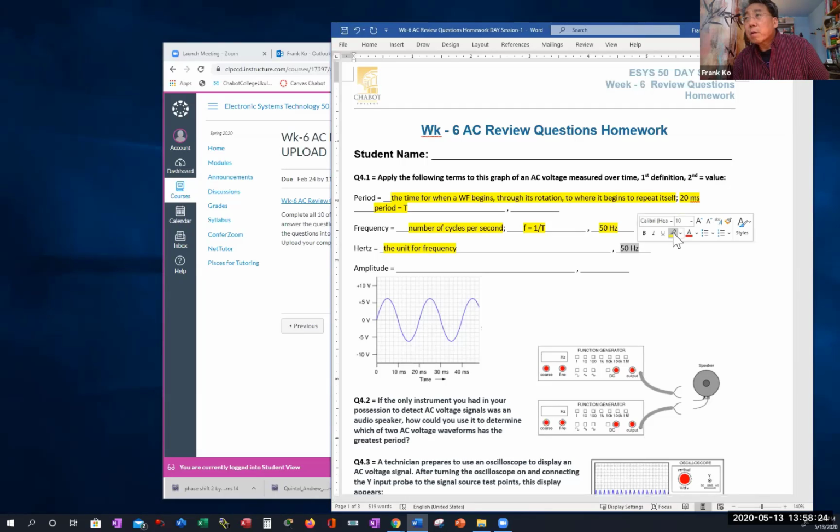I had some people type in something other than 50 Hertz, and it wouldn't be anything other than 50 Hertz, because your definition of cycle is going to be given this picture, 20 milliseconds, and 20 milliseconds, if you reciprocate it right here, can only be 50. So anything other than the unit of frequency, 50 Hertz, would be incorrect for the answer for this third line.